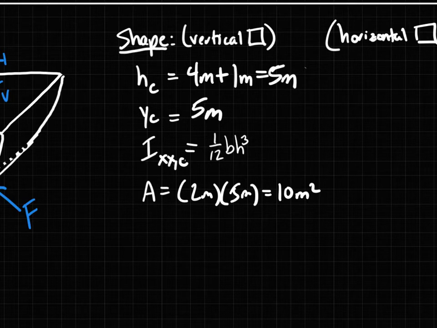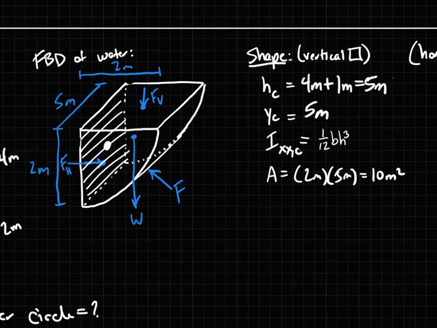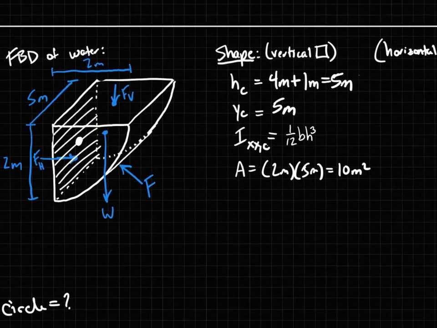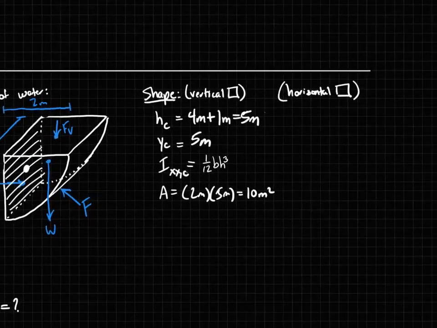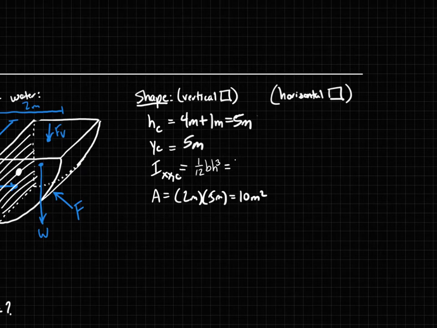I prefer base times height, because it reminds me that it matters which face is which. If I look at this rectangle, it has a base of 5 meters and a height of 2 meters. So it's 1/12 times base 5 meters times the height, 2 meters, cubed, equals 2/3 of a meter to the fourth.